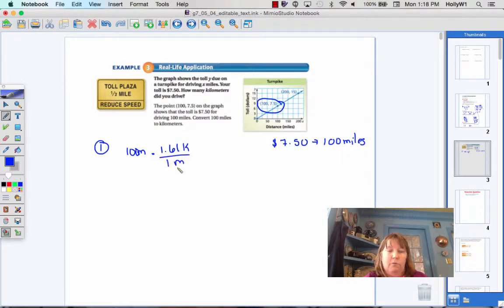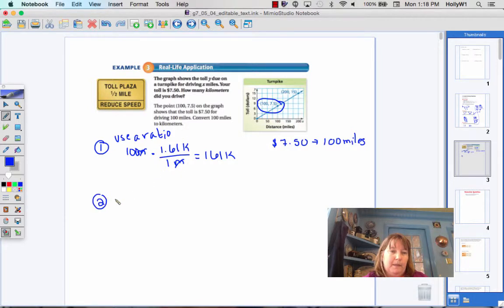So this is kind of like a unit rate. 1 mile is 1.61 kilometers. And if I multiply this out, the miles cross out, and I'm left with 100 times 1.61, which will give me 161 kilometers. So that's one way of doing it, and this is using a ratio. Because remember, this is a ratio of kilometers to miles.